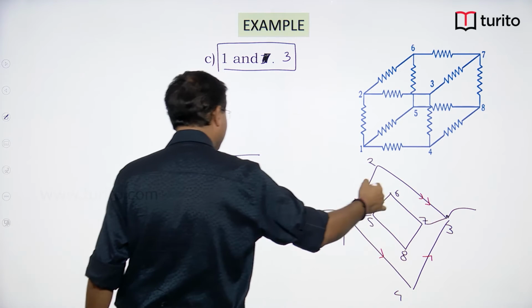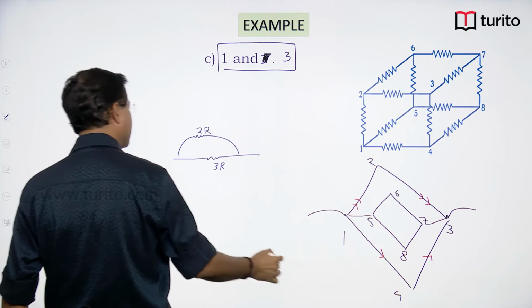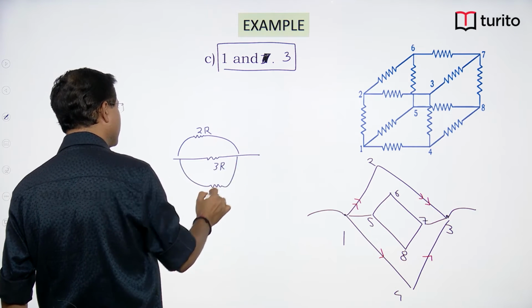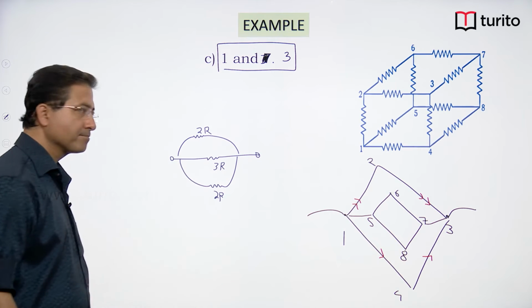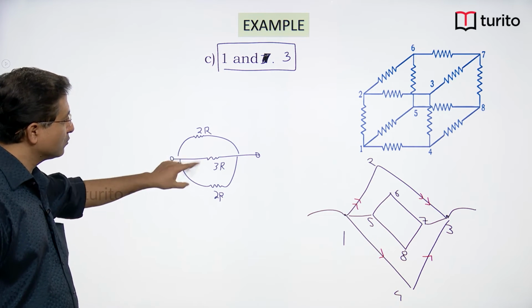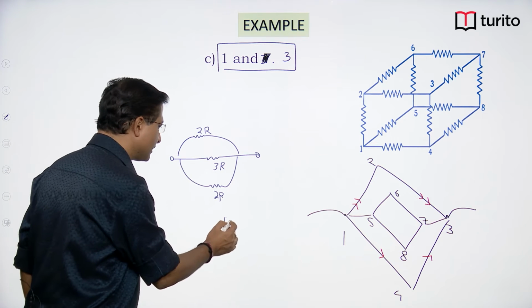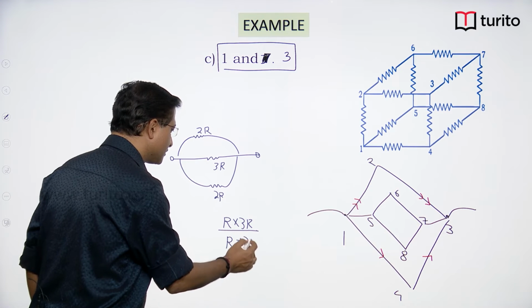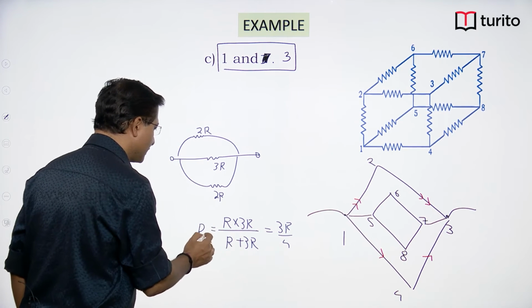This upper one 2R, and this below one is again 2R. This 2R will make it R. R and 3R parallel. That means R into 3R divided by R plus 3R will give you 3R by 4. This is R equivalent.